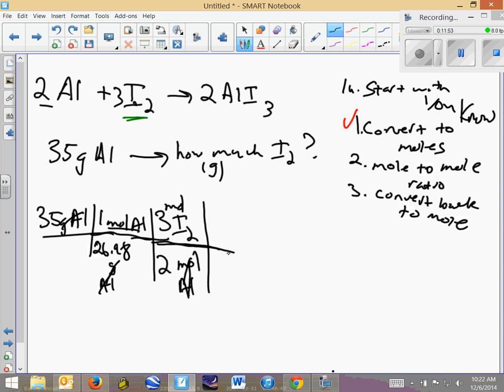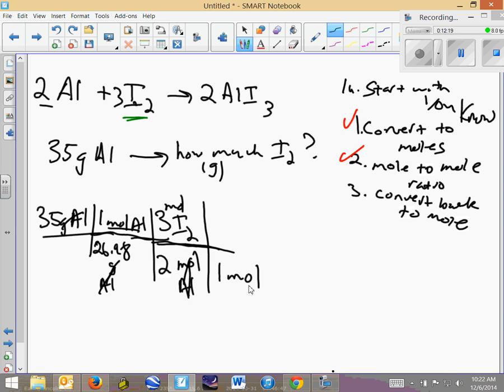Okay. Last part here, then, is just convert back. So 3 moles of, I got to put moles of iodine here at the bottom. And how much does a mole of iodine weigh? This is going to be a nasty one. 126.9 times 2, because I have 2 of those atoms in one molecule.